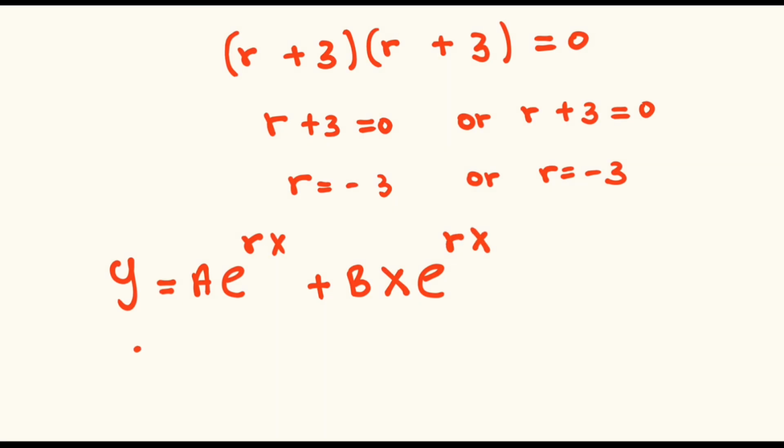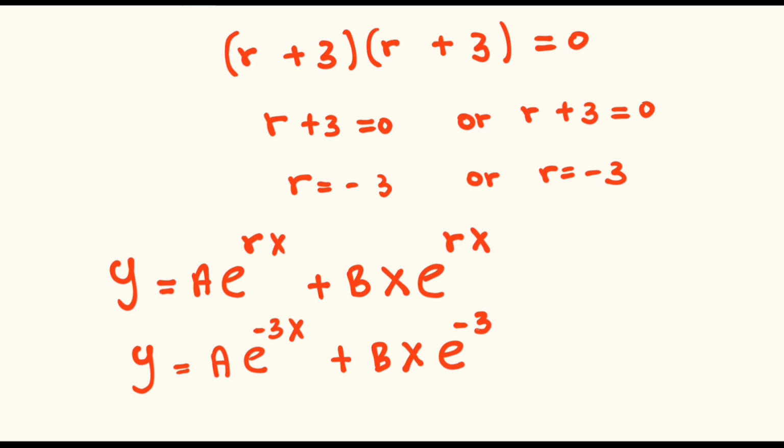Our general solution y will be equal to a multiplied by e raised to the power r. So the root is equal to negative 3, and we multiply this by the x plus b multiplied by the x, and this is multiplied by e raised to the power r, and the r is equal to negative 3 multiplied by x, and a and b are constants.